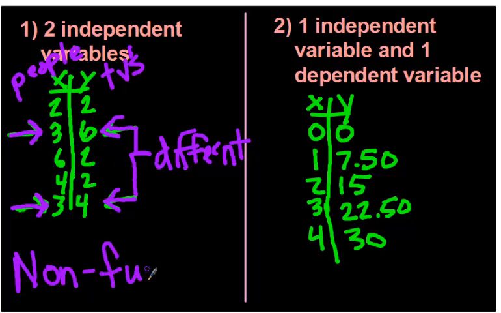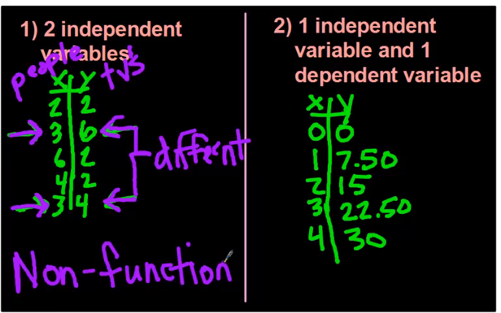It does not satisfy the situation for which every input has exactly one output, because this particular input of 3 has two outputs, one that is 6 and one is 4.